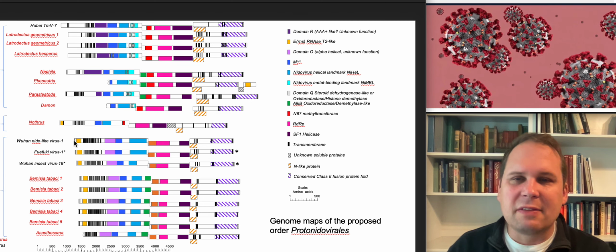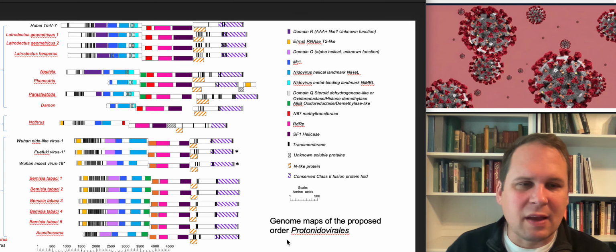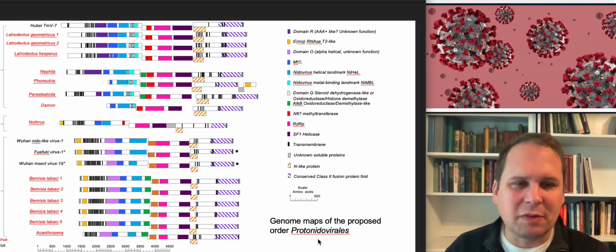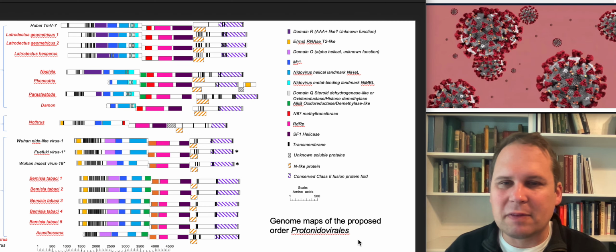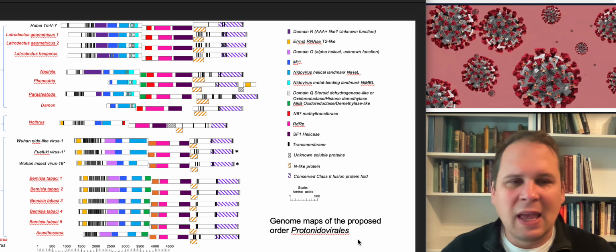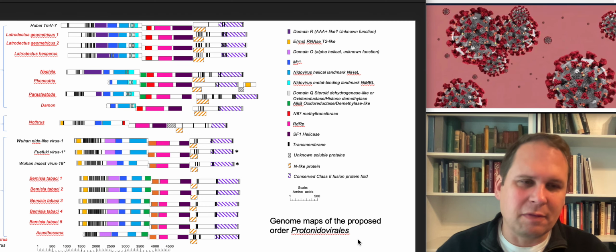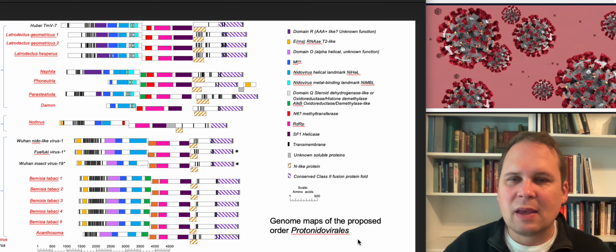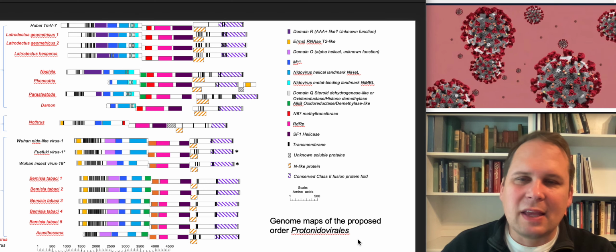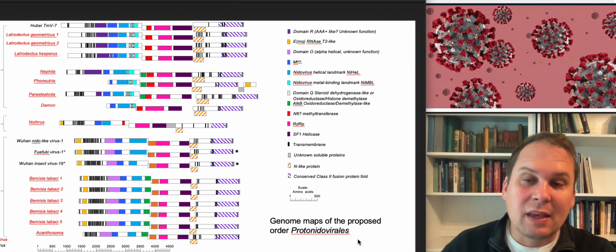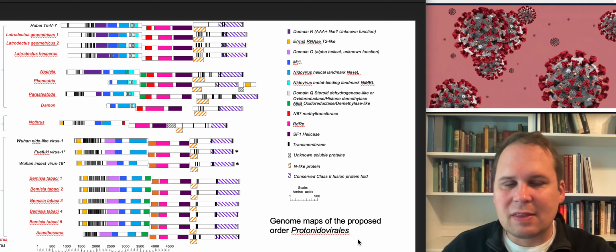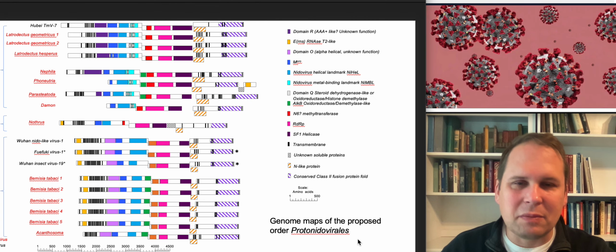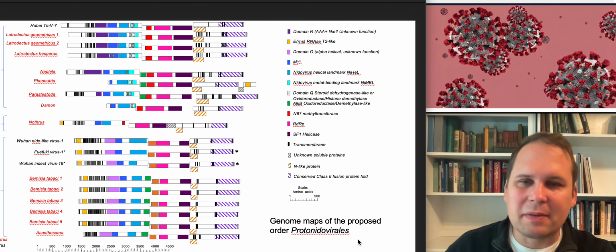The idea is that these are to be called the Protonida, that's the most likely finishing point for their name. They're going to be related to the Nidovirales, the group that contains coronaviruses. Looking at these, you can see they have other things in common with each other that they don't necessarily have in common with coronaviruses proper.